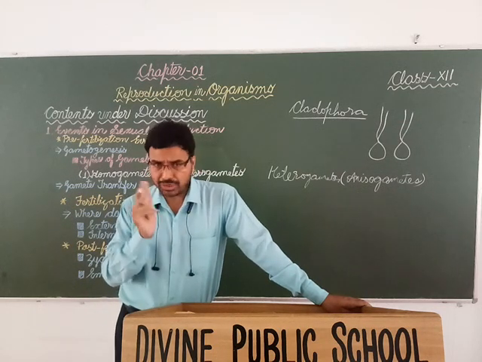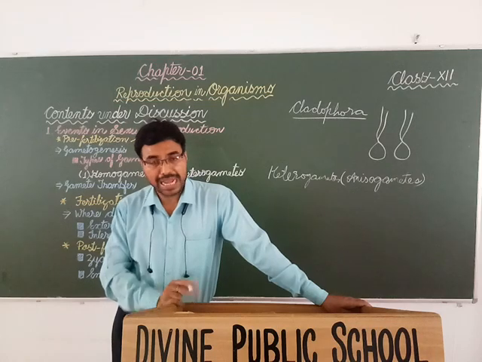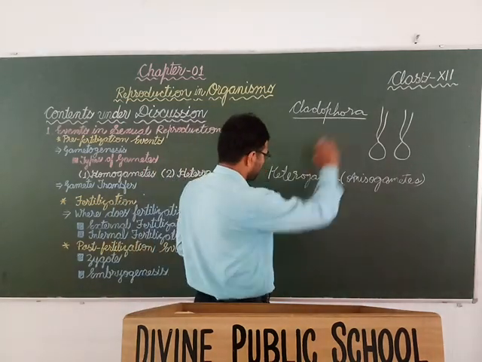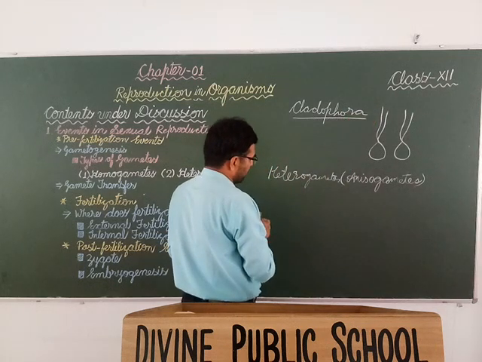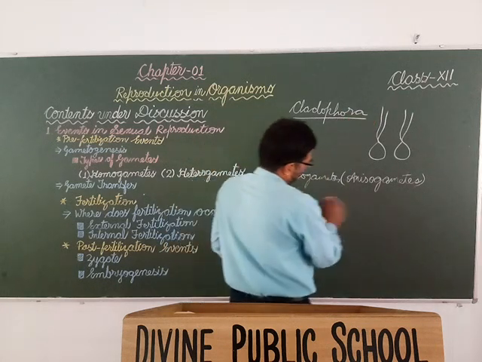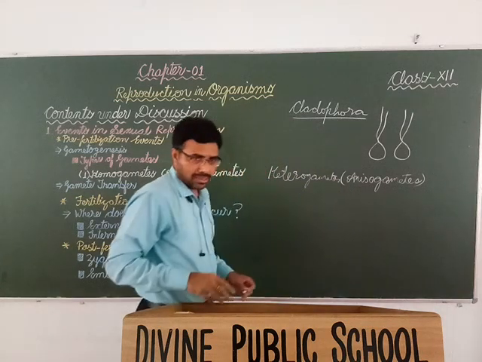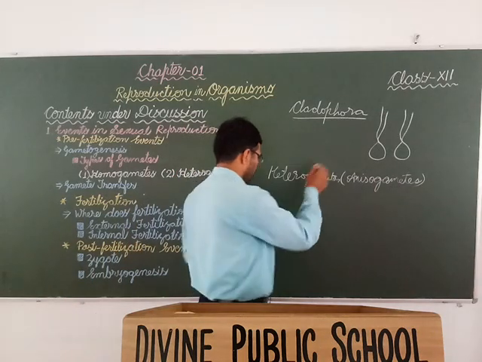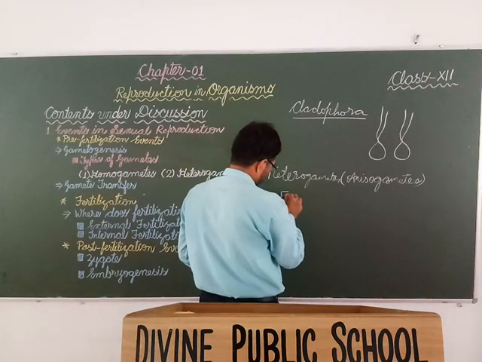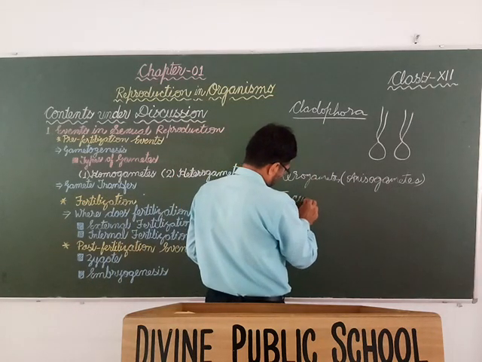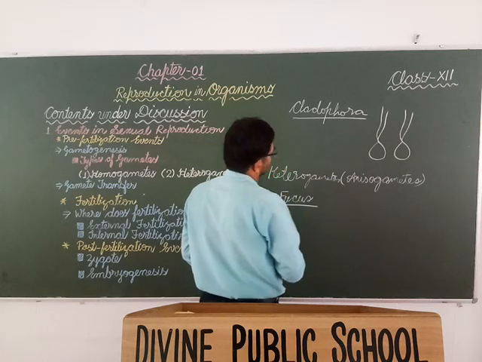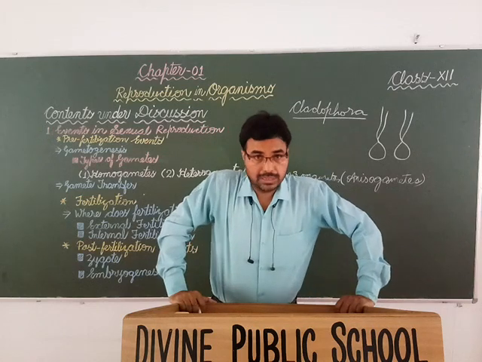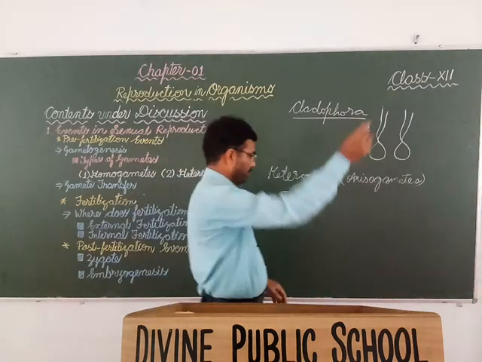Now, moving on to the heterogametes. So, students, as far as the examples are concerned, there is a brown alga which is called Fucus. In case of Fucus, the gametes are like this.